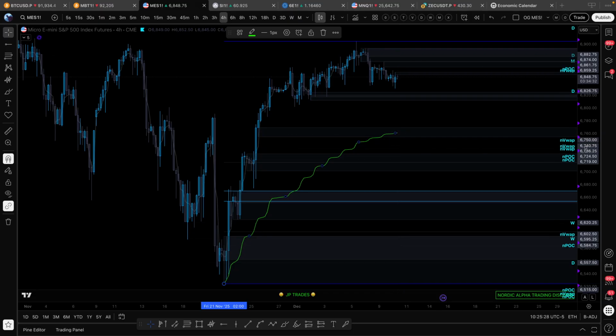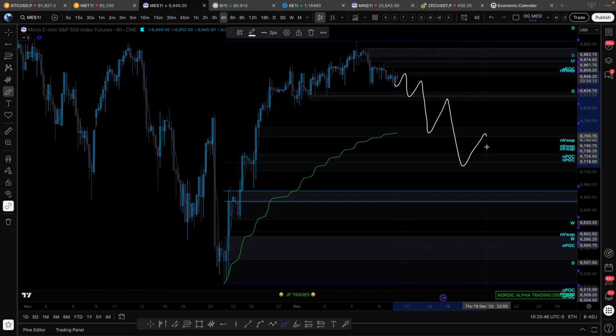I'm starting to really like this level, even though we have some volume below it, which I would love to mitigate all of that. But again, this could just be a really nice up scalp, just playing it from level to level.